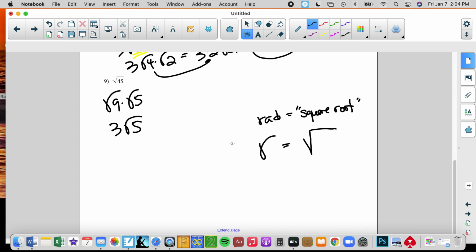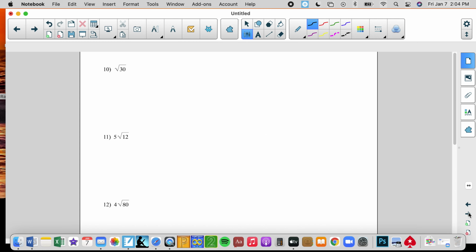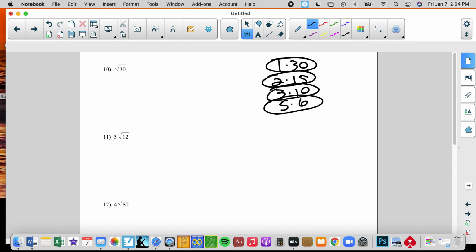You can get square roots, cube roots, fourth root, fifth root, etc. So let's continue on. Rad 30. So if I look at the factors of 30, 2 and 15, 3 and 10, 4, no, 5 and 6. So I'm looking at these pairs, and I don't see any perfect squares.